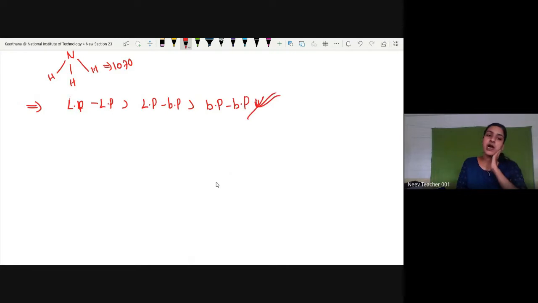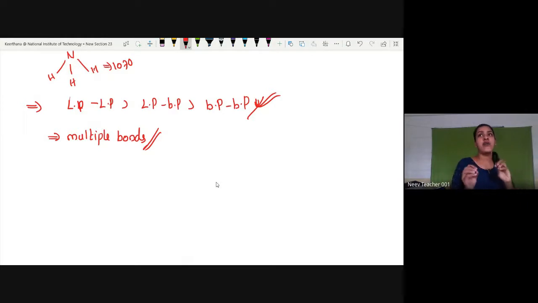The next one was the existence of multiple bonds. We already discussed how we will arrange lone pairs in a molecule.